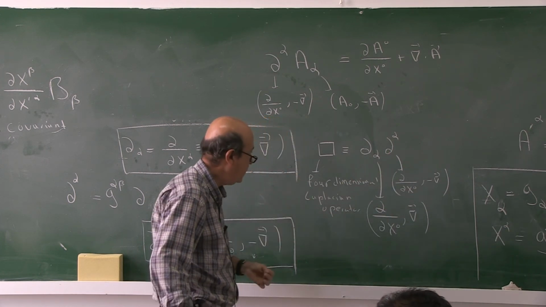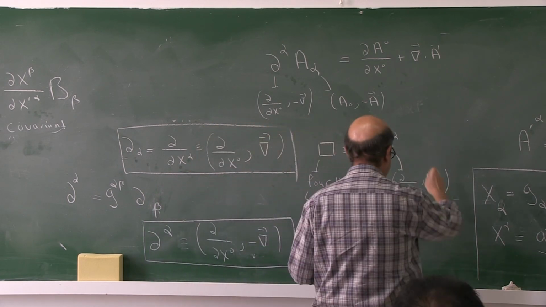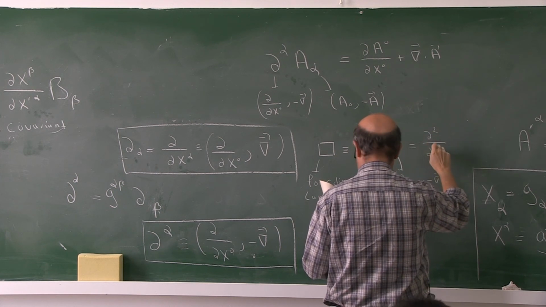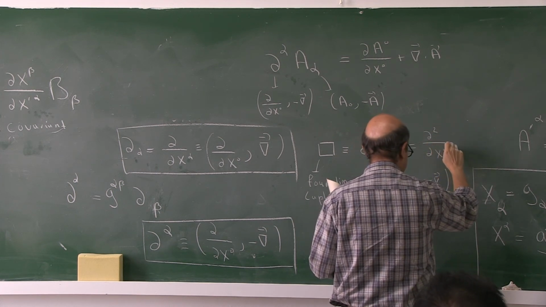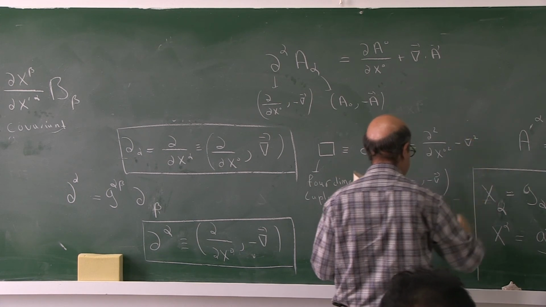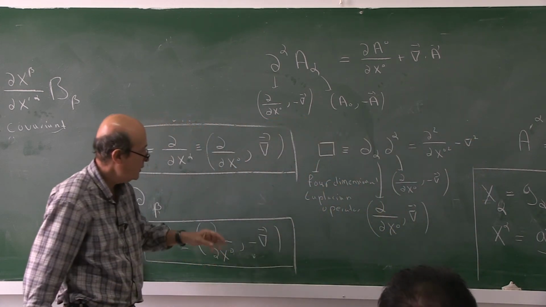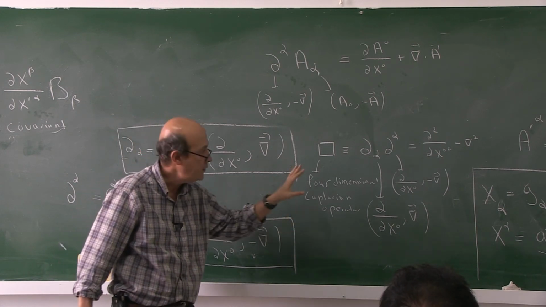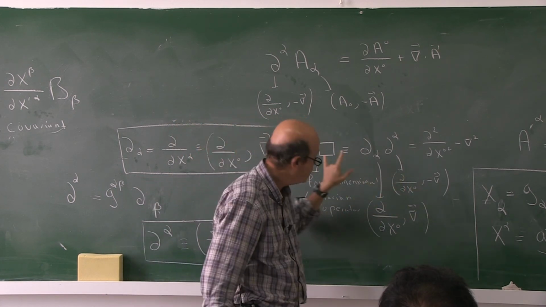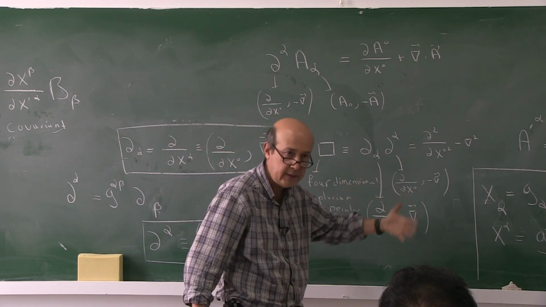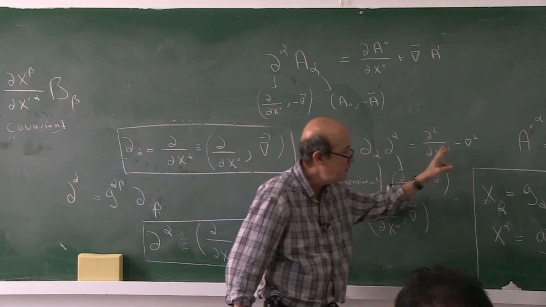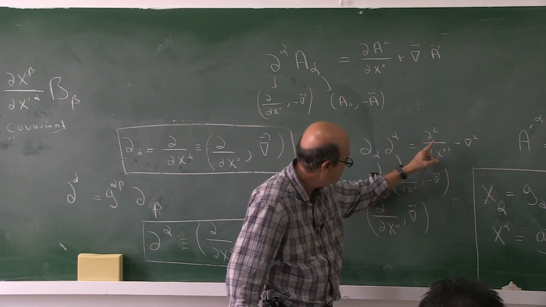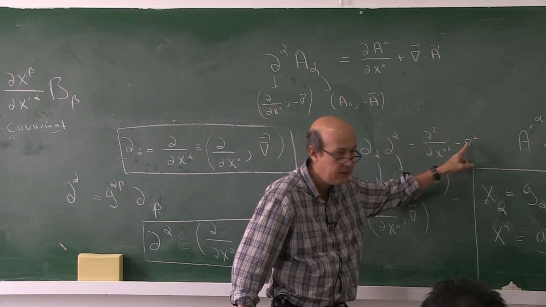If you apply this process, you will obtain del square over del x0 square minus Laplacian. So this is the 4-dimensional Laplacian operator. Actually, this is covariant in form in all frames. This will give us the wave equations, because that will be del square over del t square minus Laplacian.